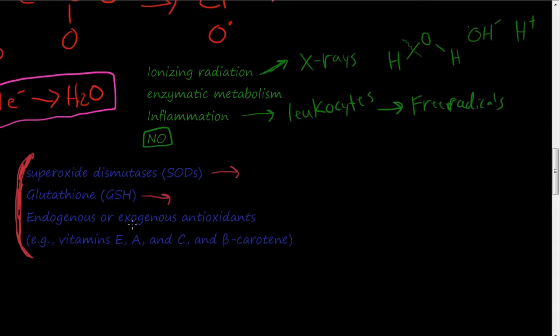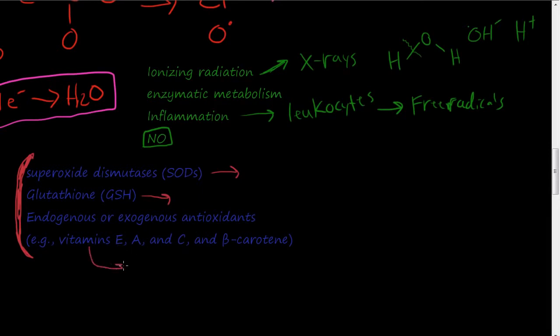And then endogenous or exogenous. Endogenous means within, and exogenous means without. So either you can take vitamin A, C, and beta carotene. These are all nutrients that will help fight free radicals.